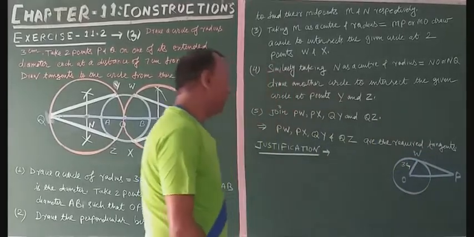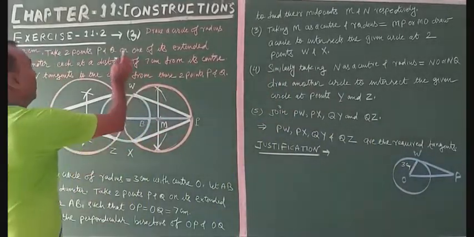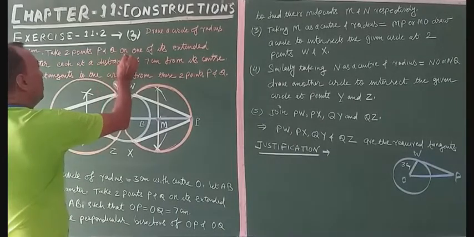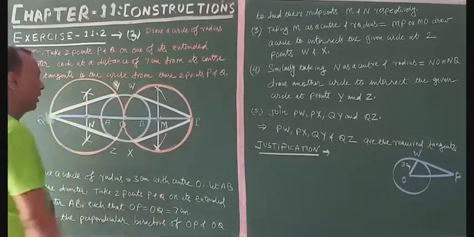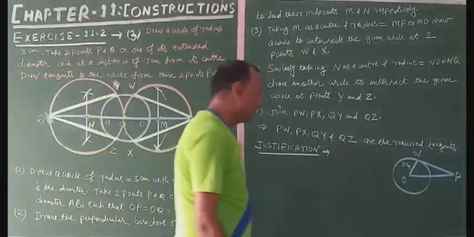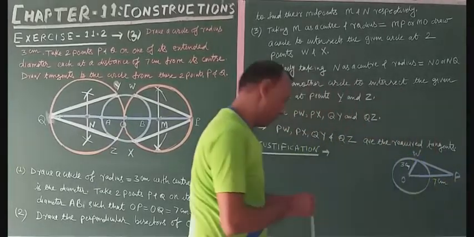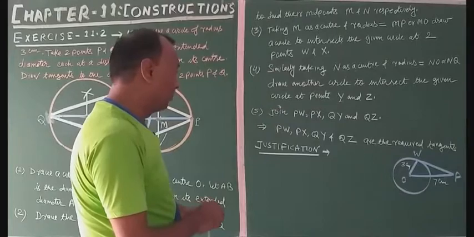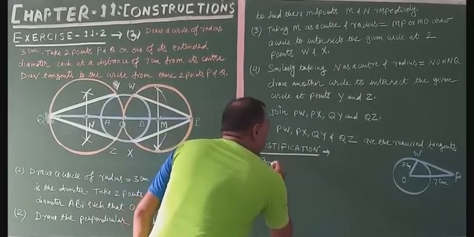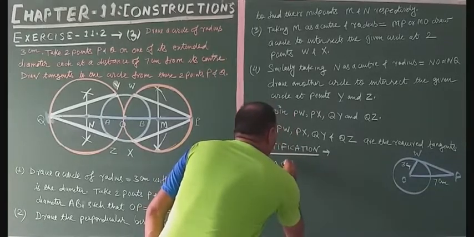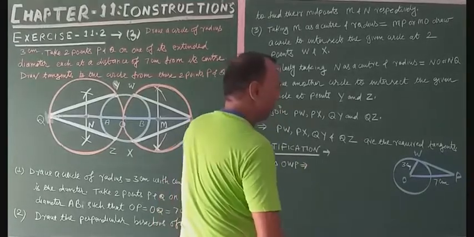Okay. Can you tell me OP? Yes. What is written there? 2 points P and Q on one of its extended diameter, each at a distance of 7 centimeter. What is the length of OP? That is 7 centimeter. So what we will do? In triangle OWP, we will use the Pythagoras theorem.